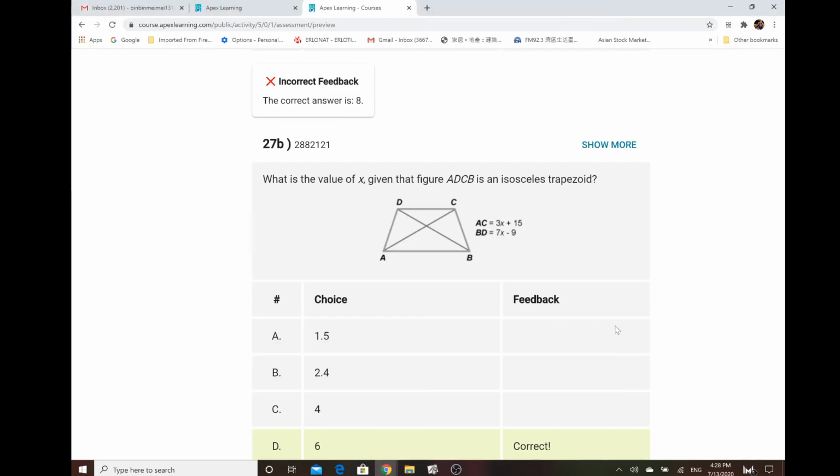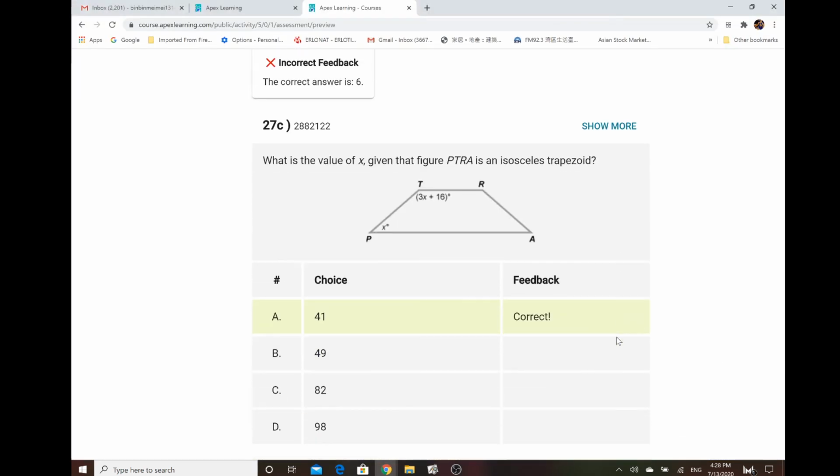Okay, going back here. Now here's another one, an isosceles trapezoid again. If it's an isosceles trapezoid, then the bottom and upper base angles, once you combine them, always add up to 180. So to solve for x, set 3x plus 16 plus x equal to 180.